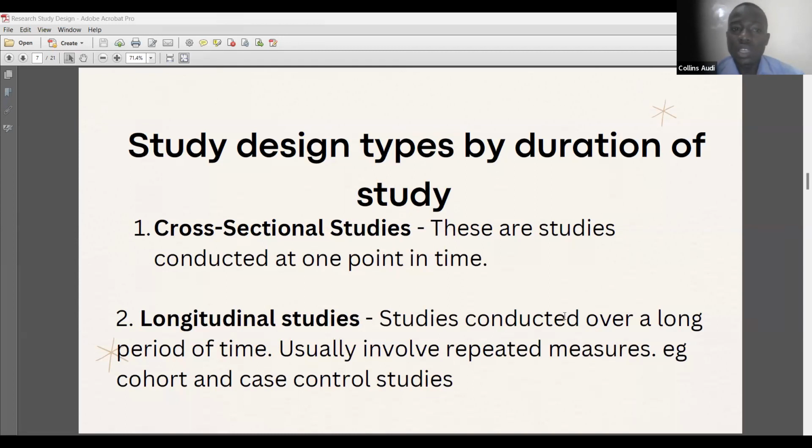Then we do an intervention. After that intervention, we collect another set of measurements to gauge whether this intervention had an impact. So these are basically called longitudinal studies. They involve repeated measures and are conducted over a long period of time. For example, in epidemiology, in my field, we do have cohort and case control studies.